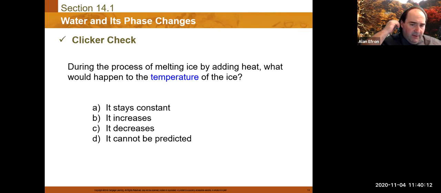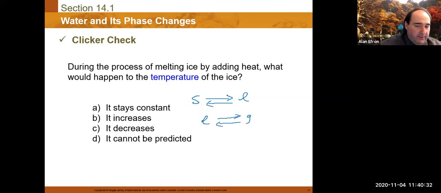During the process of melting of ice by adding heat, which is an endothermic process, what would happen to the temperature of ice? So again, remember that pretty much whenever you change a phase, go from solid to liquid or liquid to gas, those happen on those curves at those flat lines.